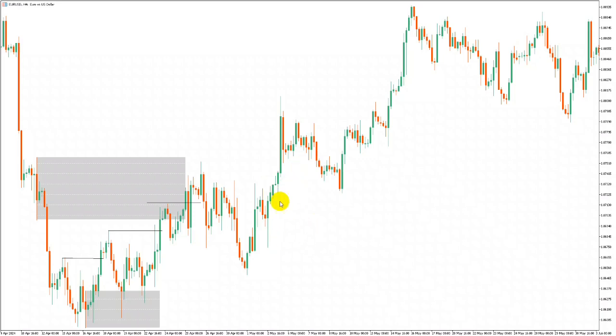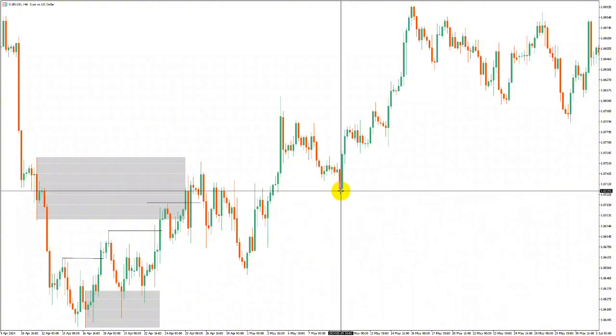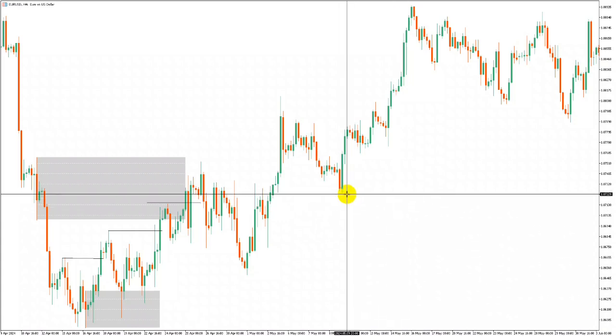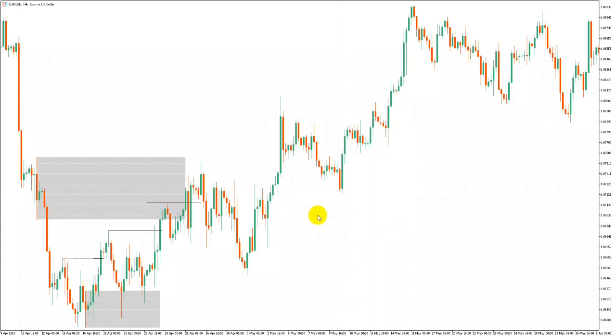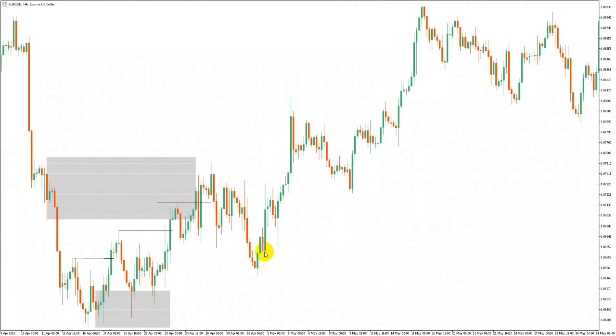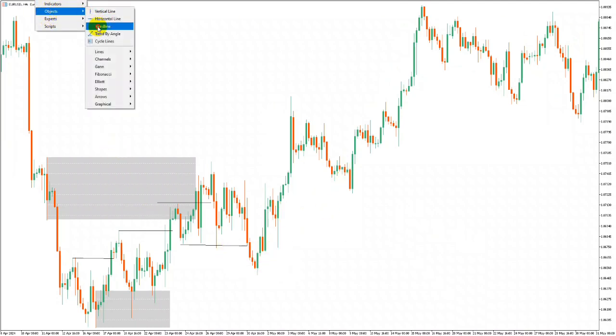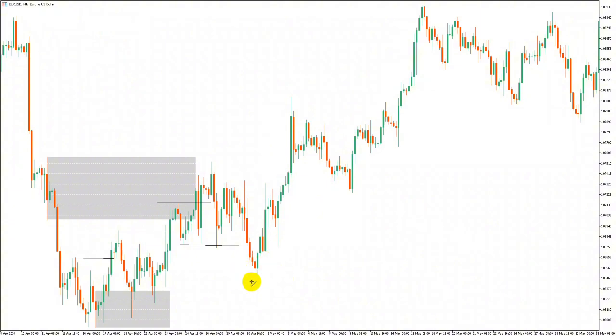After that happened, you can see the market has been in a very hefty move. You can see how strong the market went after all this.